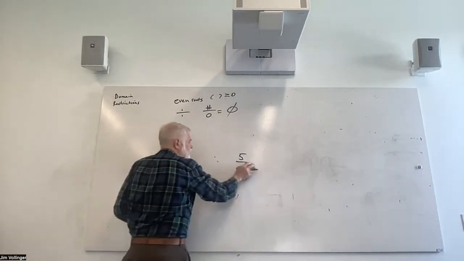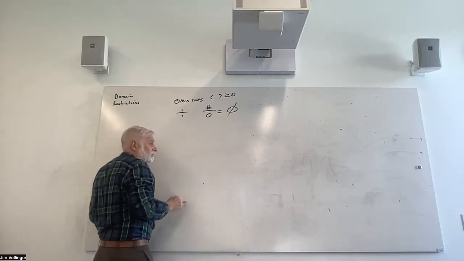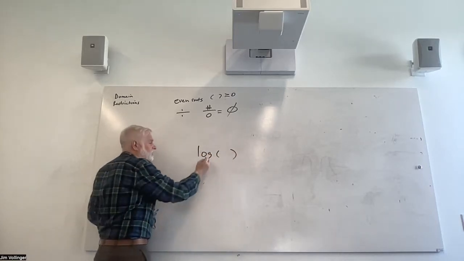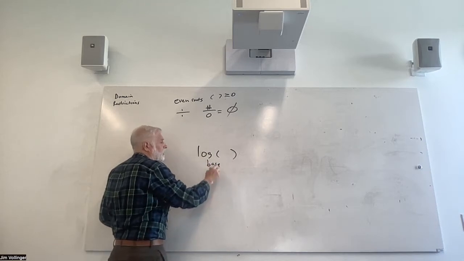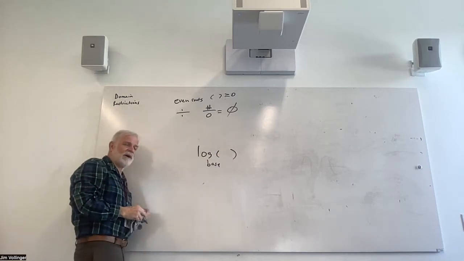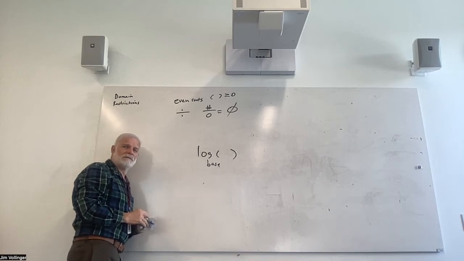And there's one other function. Do you happen to know what it is? It's logarithms. And that's the argument of a log. Logs have bases that have to be positive. What has to go in there? Well, you got to think about what logarithms find. They find exponents. And really, it's all about the inverse of growth and decay.